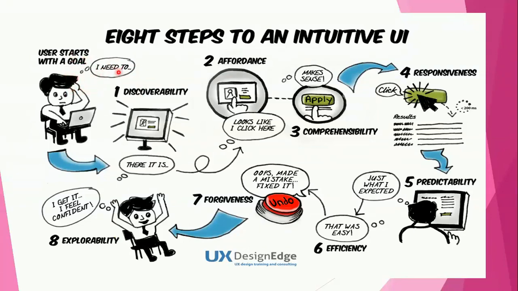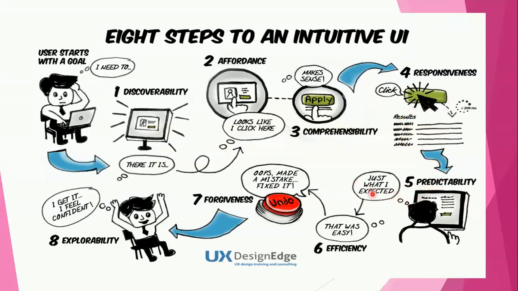The user starts with a certain goal and thinks, I need to do this particular task. Okay, so it looks like I click here, and then comprehensibility. Then responsiveness, the response from the system, gives certain results.